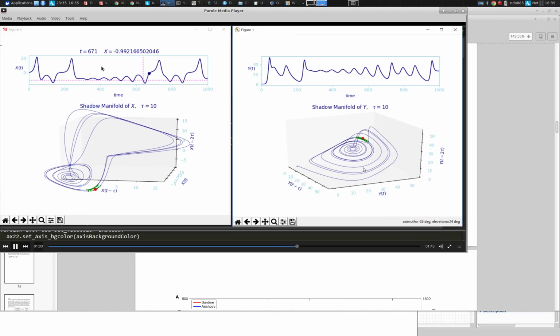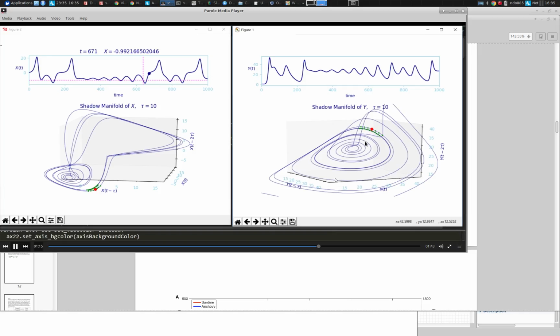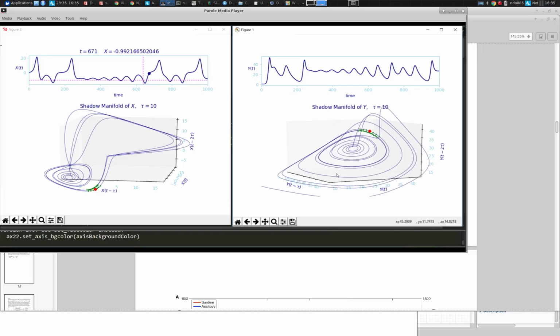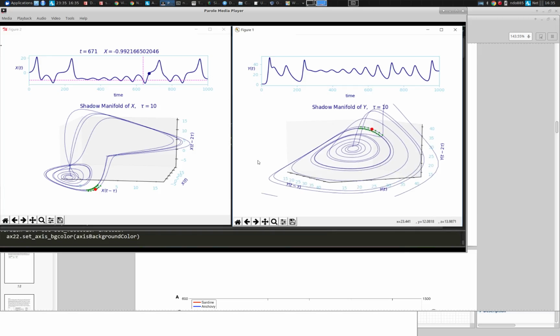Using time series X, he's constructed this. Using the time series Y, he's constructed that. And using that, you can visually get a sense of what point within this time series corresponds to where within the other time series, and how it corresponds to points over here.